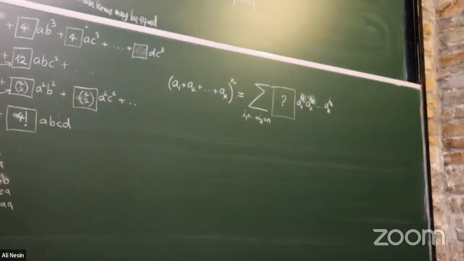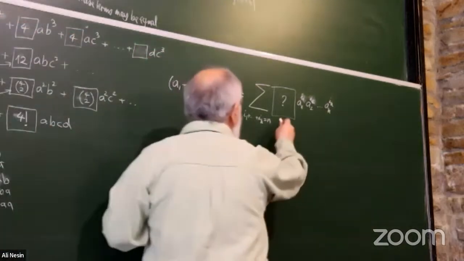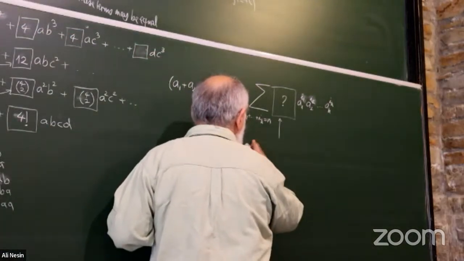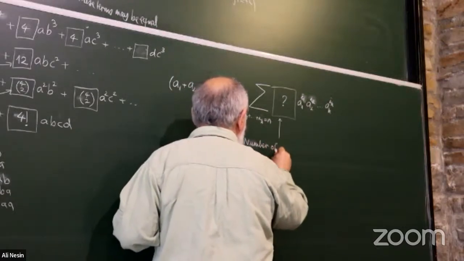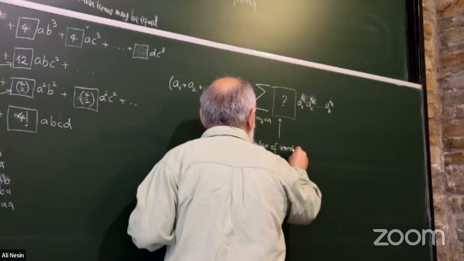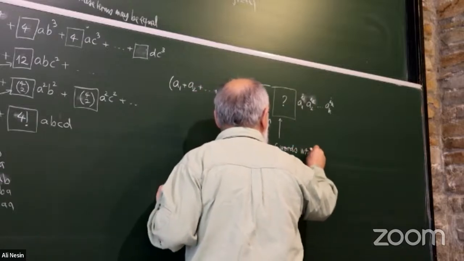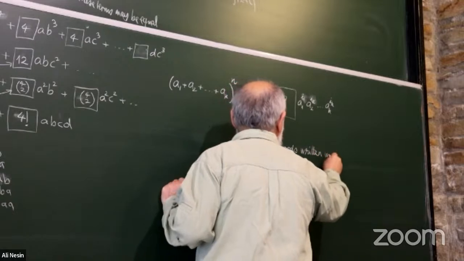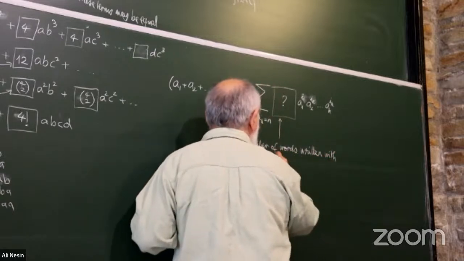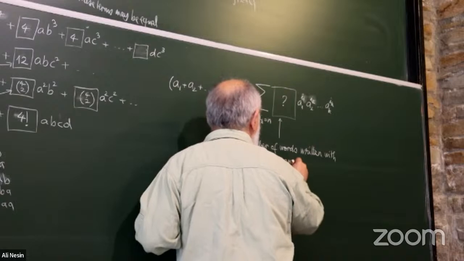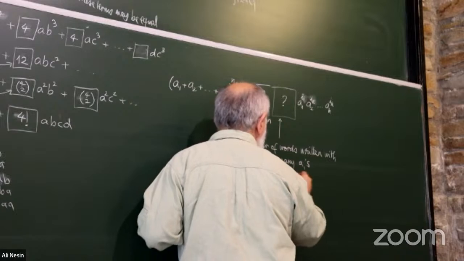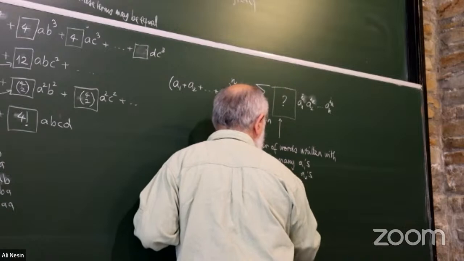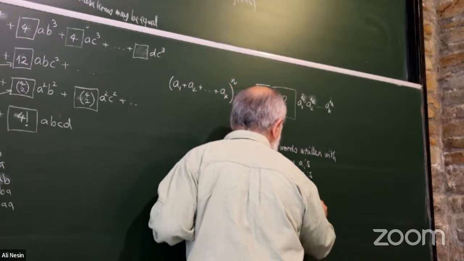Well, this is the number of words written with I1 many A1s, I2 many A2s, and IK many AKs.